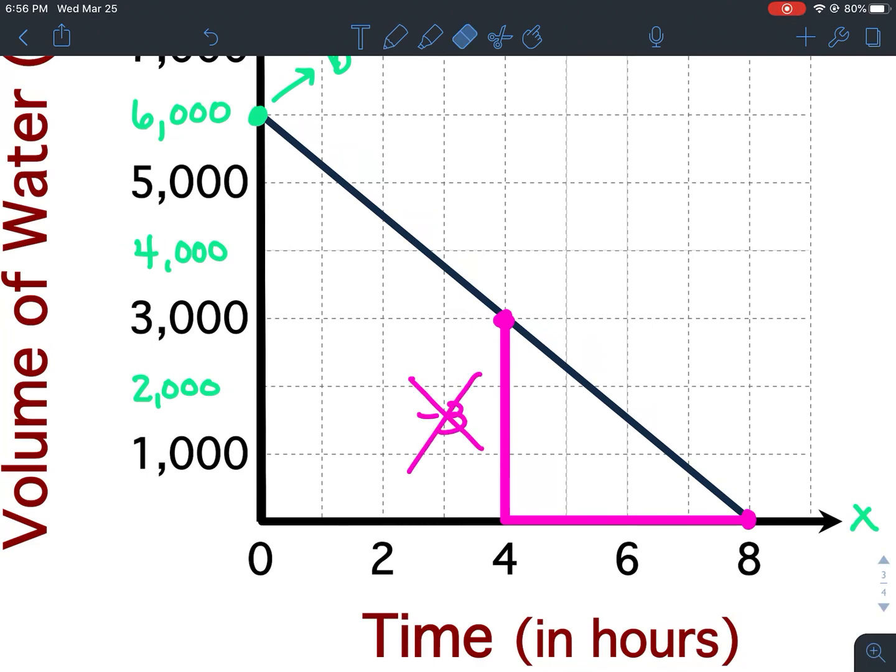Remember, each grid line here represents 1,000. So this would be down 1,000, down 2,000, down 3,000. So our rise is -3,000. And our run goes from 4 to 8, so that would be 4.